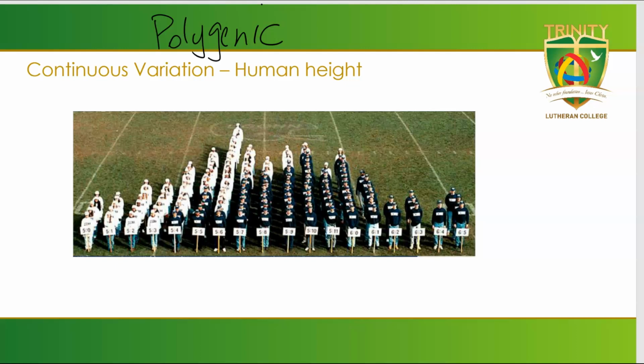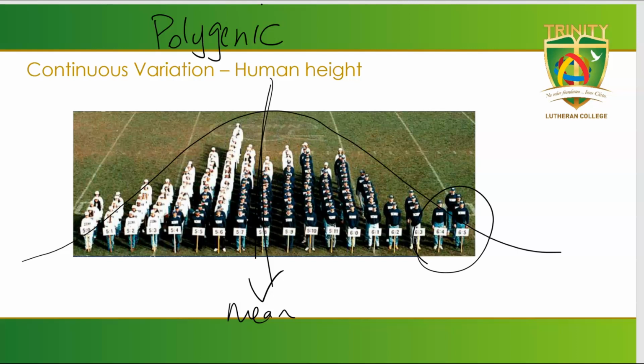Polygenic traits generally form this beautiful bell curve because you end up with this continuous variation. Human height is also one of them, where most people fall somewhere around the mean, and very few people are at the tall end, and very few people are at the extremely short end.